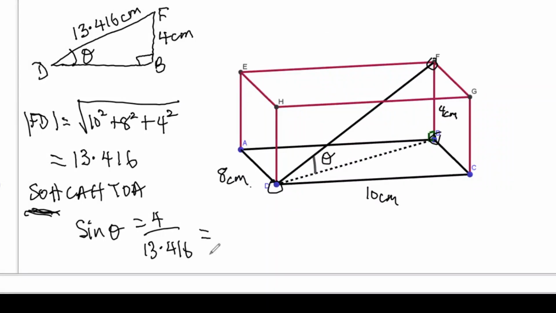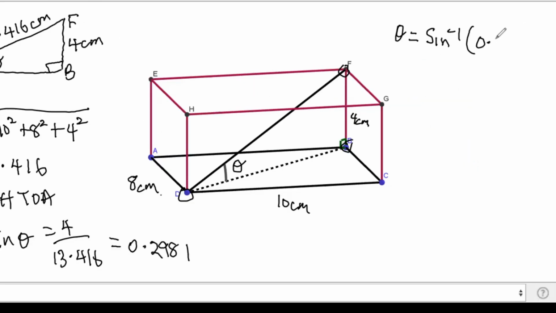And that will give us 0.2981. So we now take the arc sine of that value, 0.2981, and that gives us 17.3 degrees.